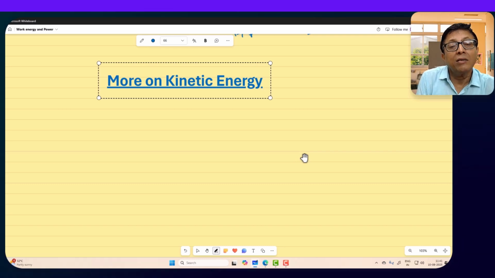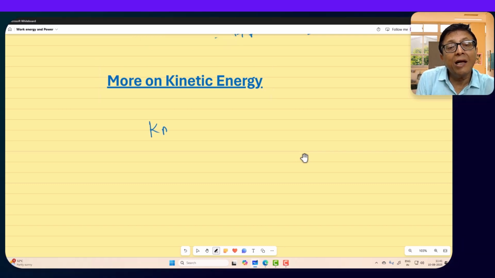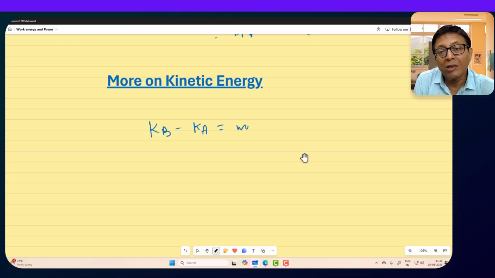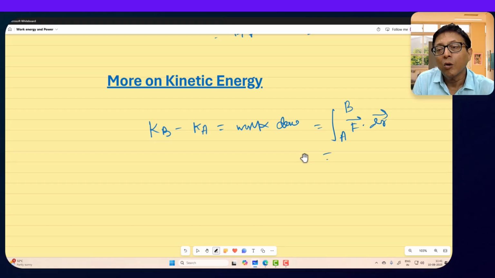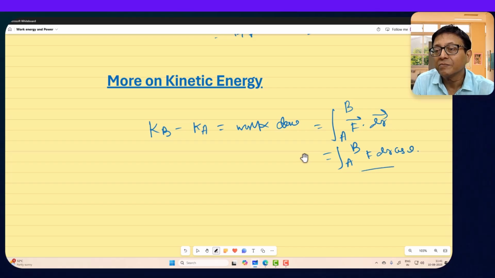We have seen that kinetic energy at B minus kinetic energy at A is equal to the work done to take the particle from A to B: F dot dr, or you write integral from A to B of F dr cos theta.